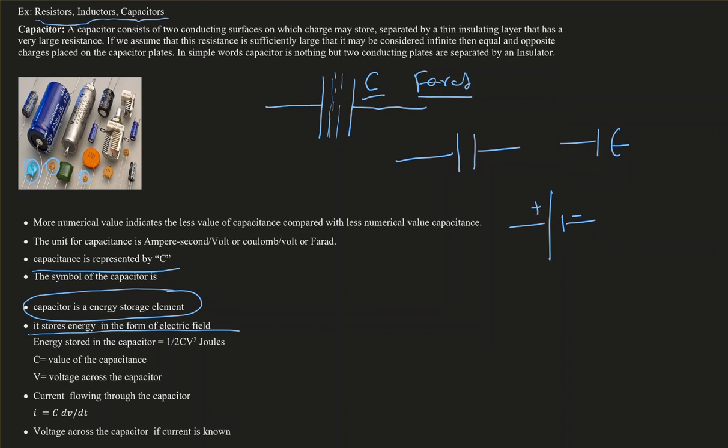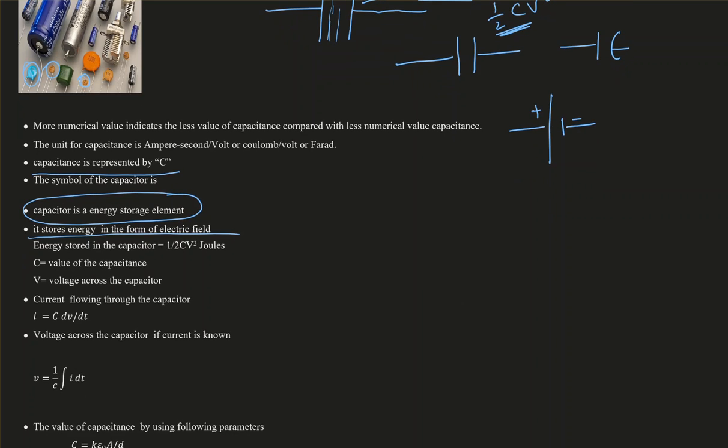Now, the energy stored in the capacitor is half CV squared, where C is the capacitance value and V is the voltage across the capacitor. The current passing through the capacitor is I equal to C times dV by dt. Each capacitor has two plates.